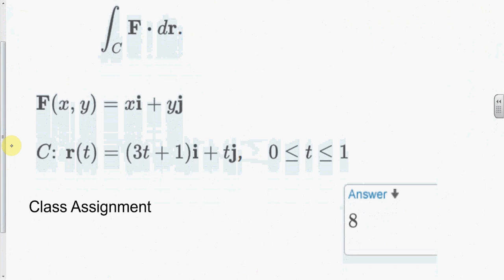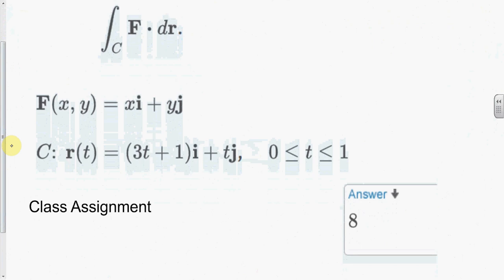I did divide for... but I probably messed up the part where... It should be 3i plus j for your r prime. There's no square root. Yeah.